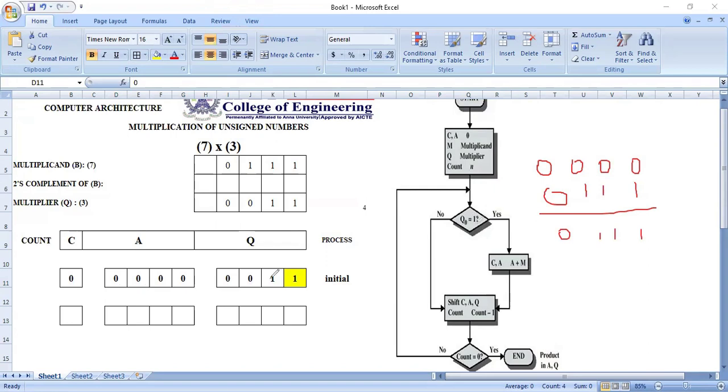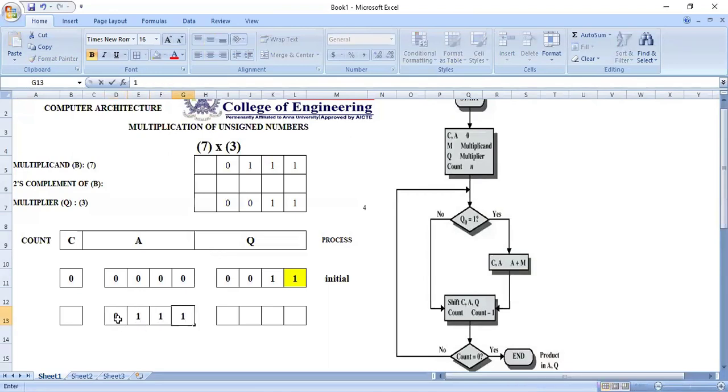Because Q naught is equal to 1. So I'm performing A plus B, and I'm getting 0, 1, 1, 1.